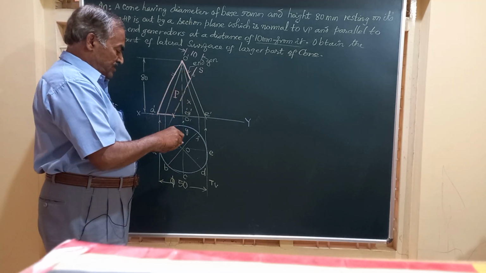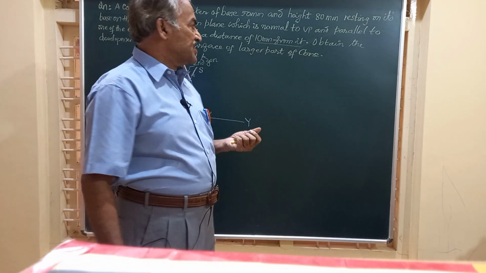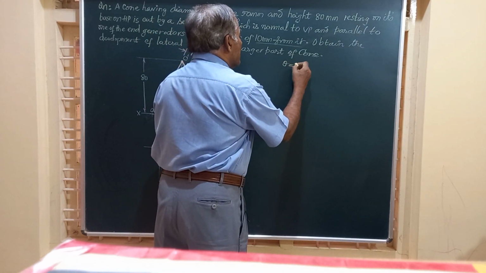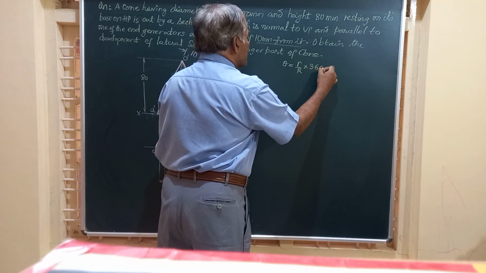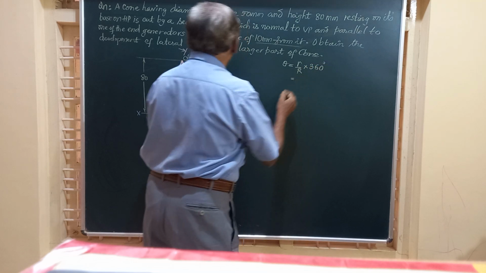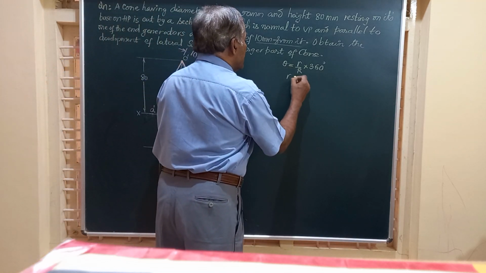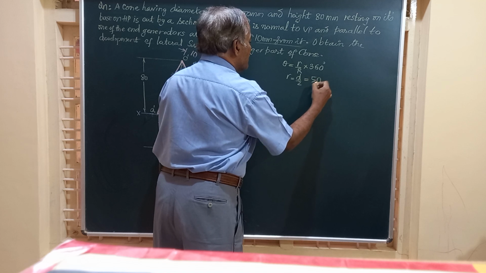Now friends, to draw the development, we need to have first of all the sector angle. That is, theta is given by small r by capital R into 360 degrees. So small r is the radius. Diameter is given, r is equal to d by 2, diameter is 50 by 2.